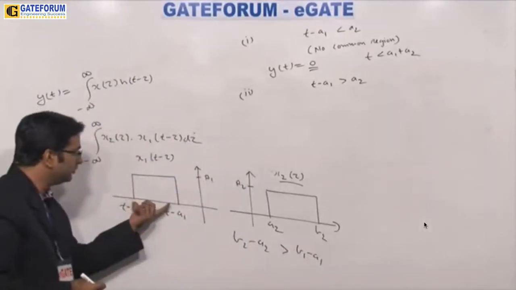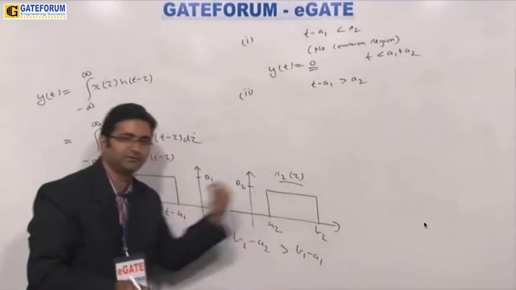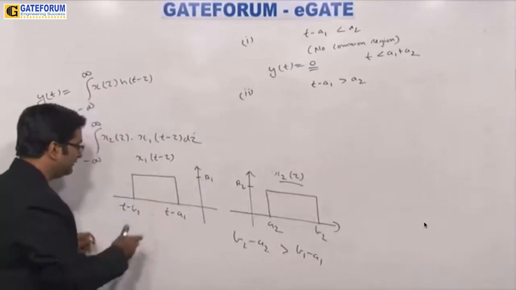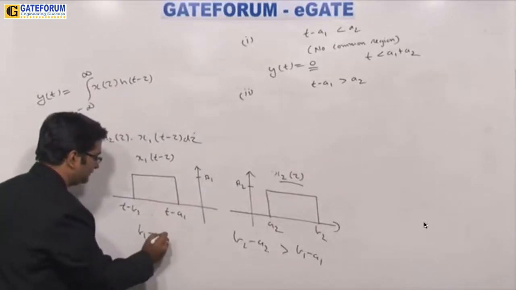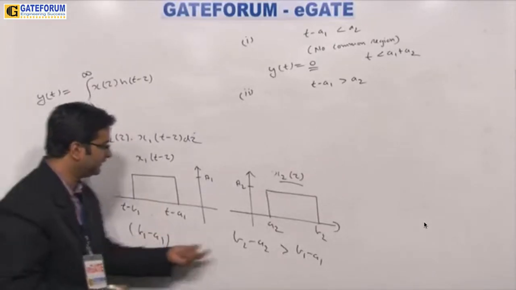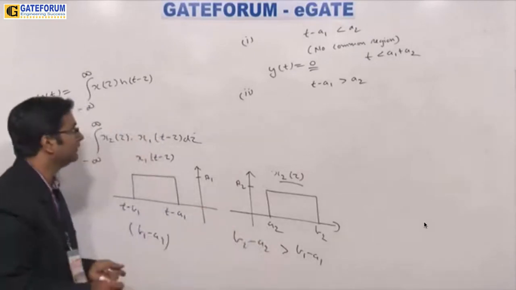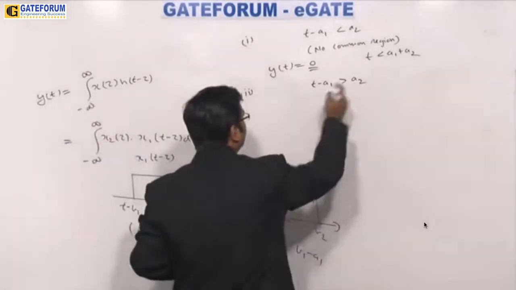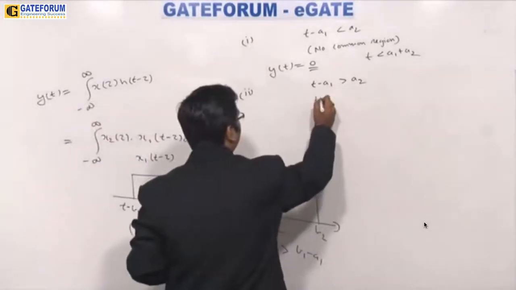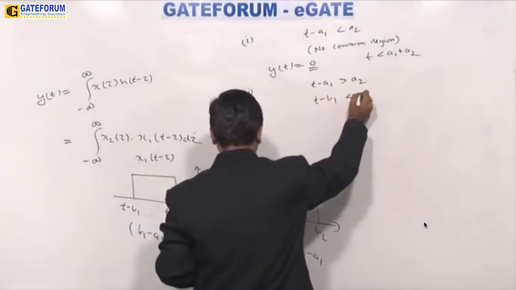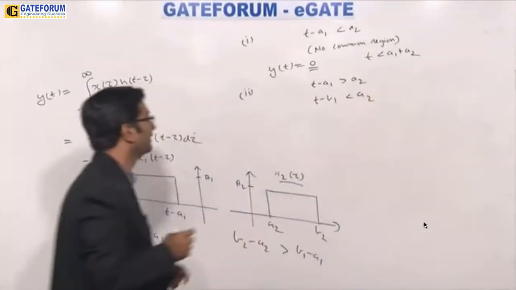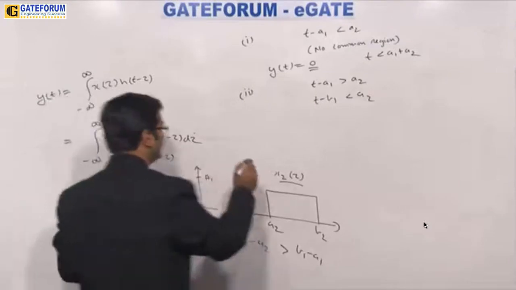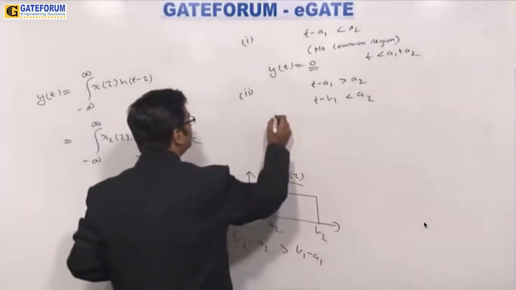Time will come, this whole pulse will get into this, because this pulse width b1 minus a1 is lesser than b2 minus a2. T minus a1 greater than a2 and t minus b1 is lesser than a2. Up till this point. Now up till this point, what will happen?